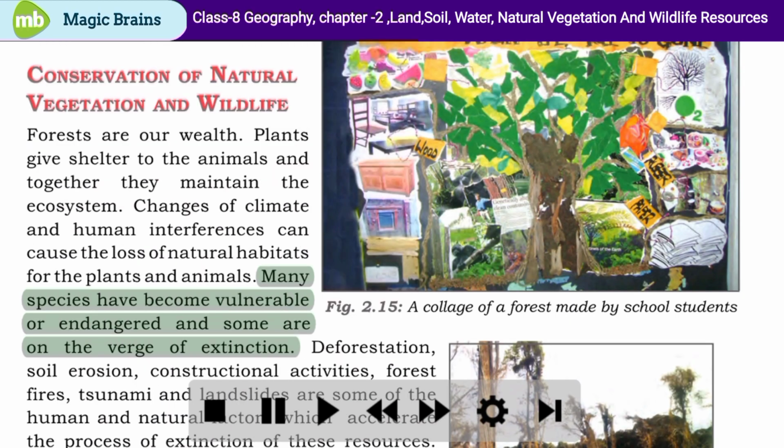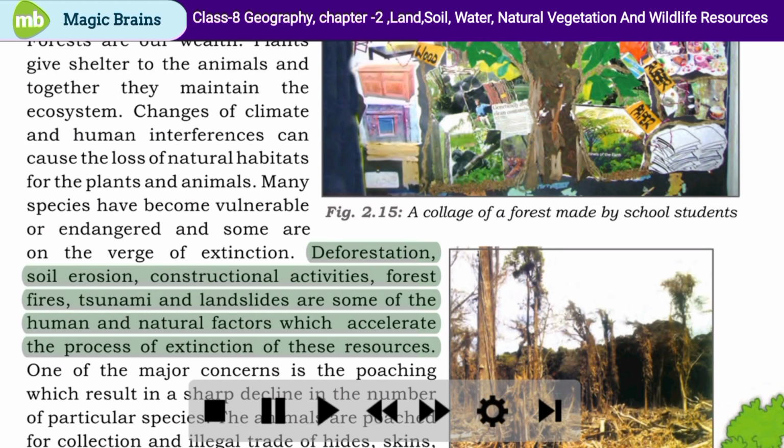Many species have become vulnerable or endangered, and some are on the verge of extinction. Deforestation, soil erosion, constructional activities, forest fires, tsunami, and landslides are some of the human and natural factors which accelerate the process of extinction of these resources.